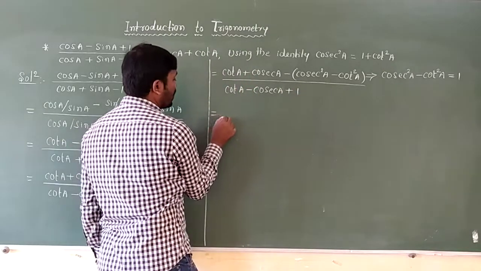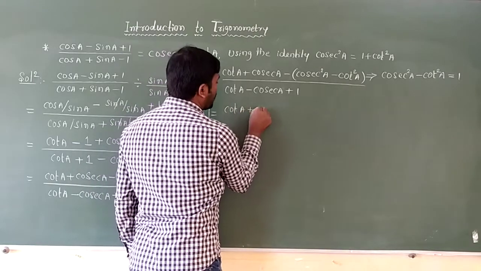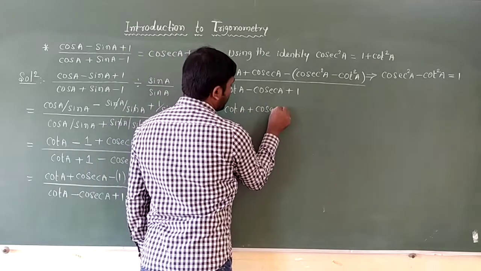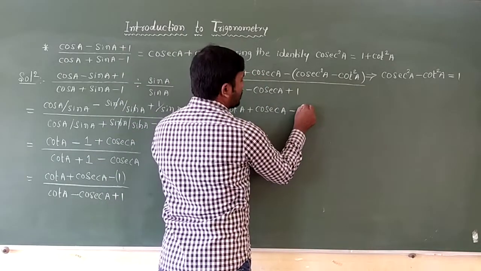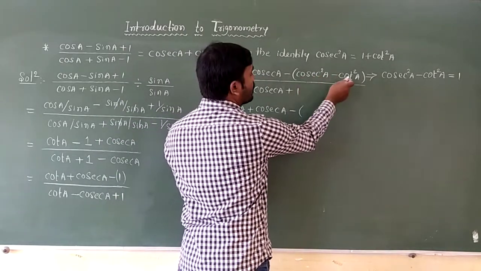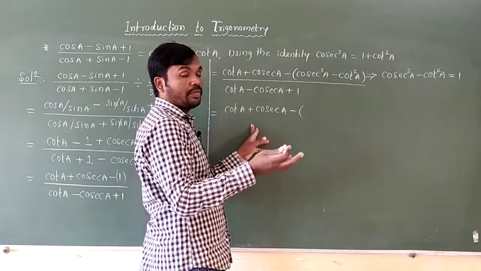So simplify the numerator again: cot A plus cosec A minus, here it is in the form of A square minus B square. A square minus B square is equal to what? (A plus B) into (A minus B).